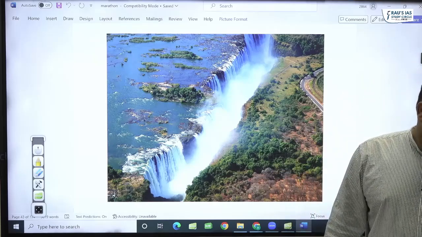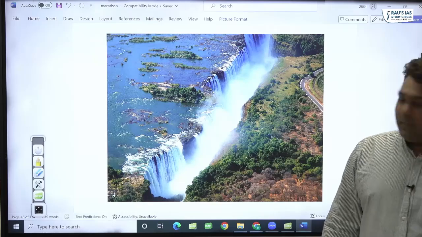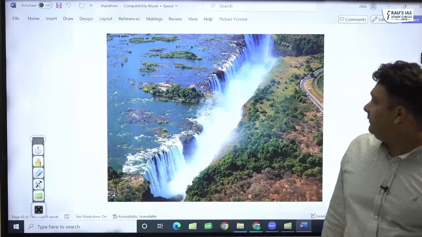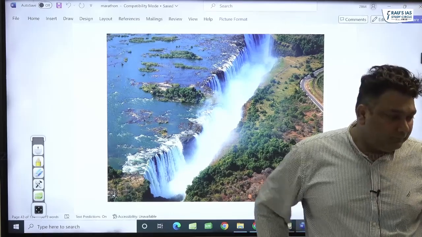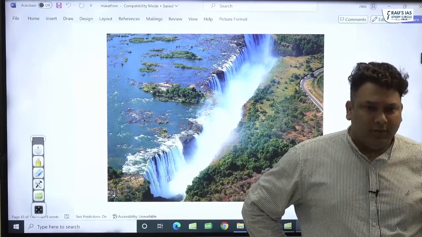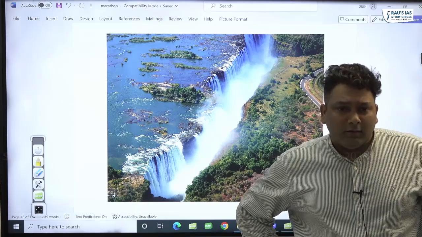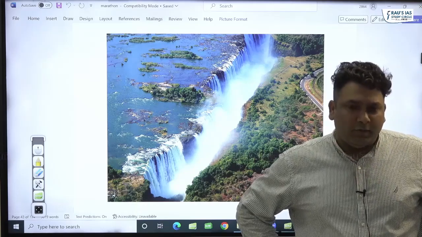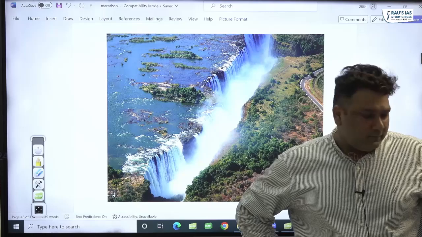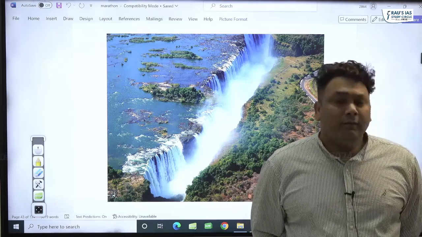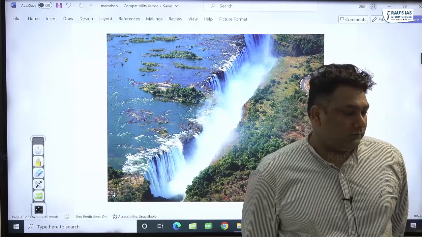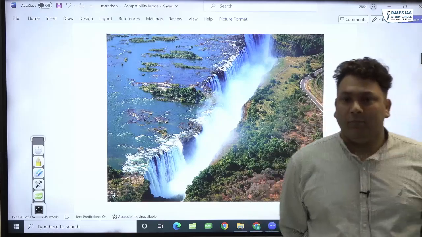Victoria Falls is located between Zambia and Zimbabwe. Does Zimbabwe play cricket? It plays, but the BCCI didn't. Between Zambia and Zimbabwe, the world's largest waterfall, 1.7 kilometers.